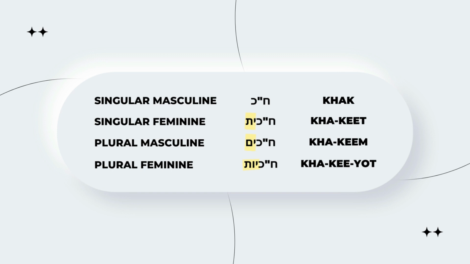In plural feminine form of members of the Knesset, the Israeli parliament, it would be chakiot. The gershayim sign stays put in the same place as it was in the singular form of the word, and the yod vav tav suffix for plural feminine, in this case, is added after the gershayim sign.